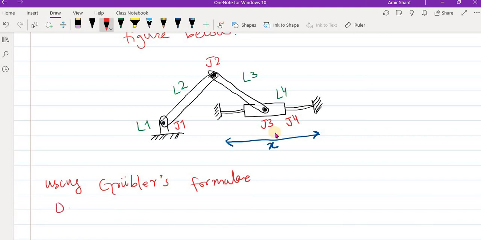It says that degree of freedom is equal to m (n minus 1 minus j) plus the sum of the degrees of freedom of joints.